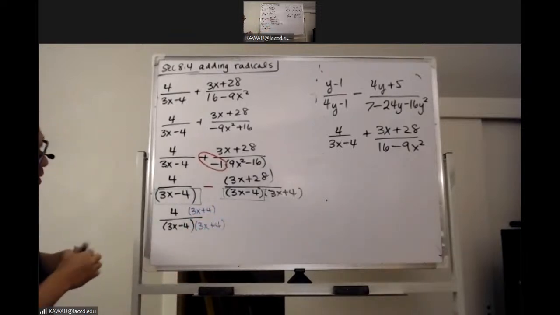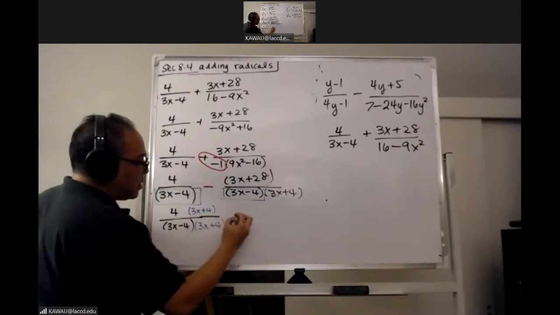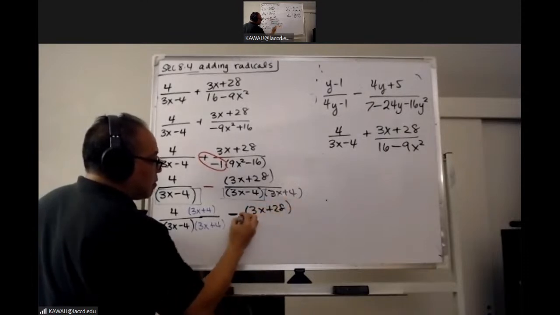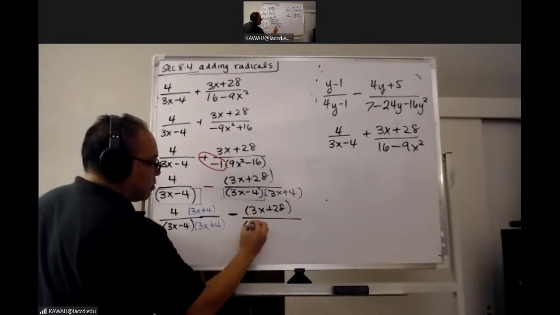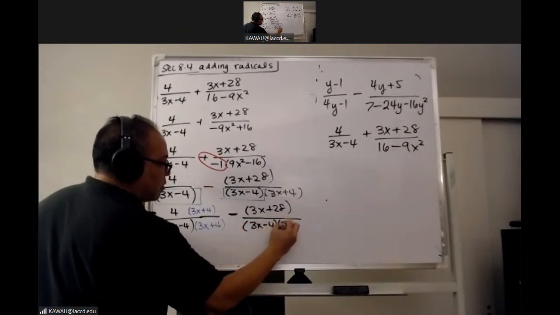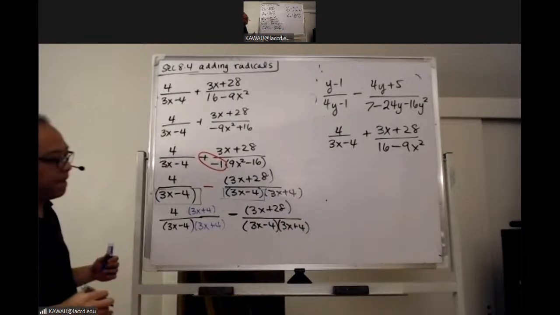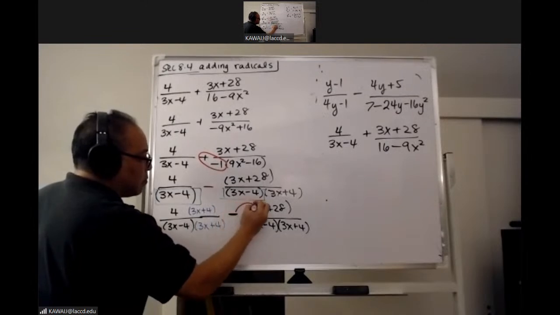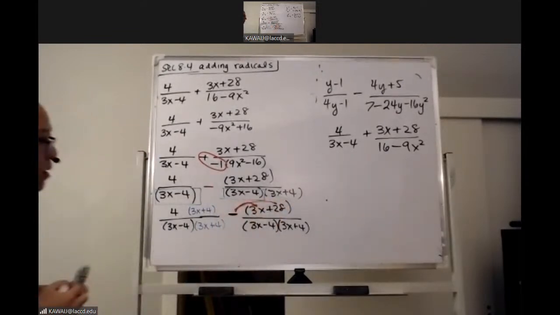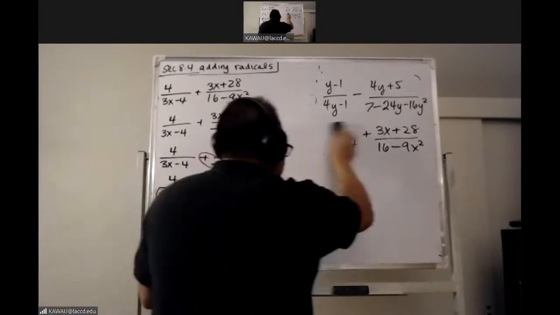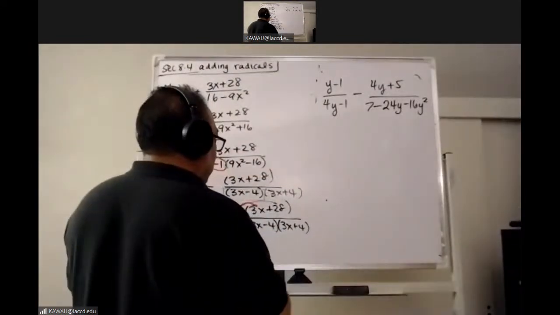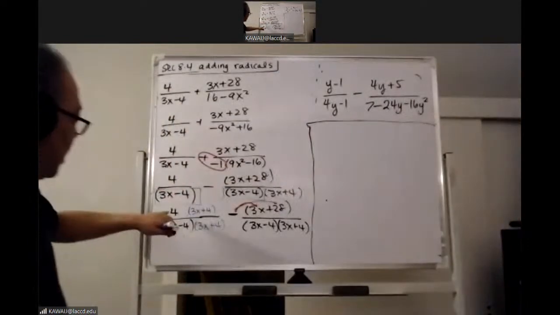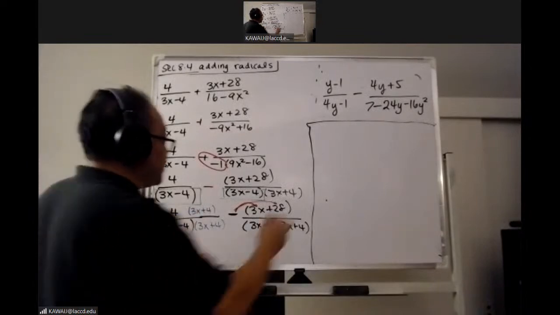Okay. Then I still have my minus. And then I get 3x minus 4, 3x plus 4. Now, the important thing is that this minus is going to distribute. So I'm going to just erase it to here. And on top, I'll get 12x plus 16.